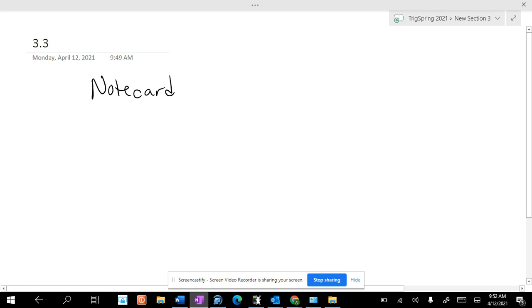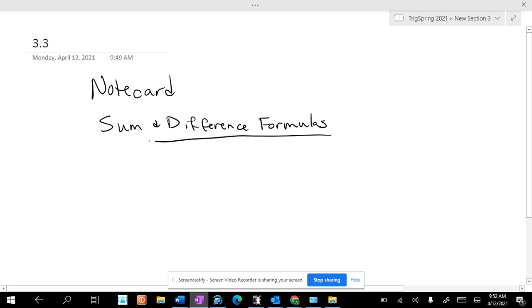All right. So these are sum and difference formulas. It's not overly complicated.